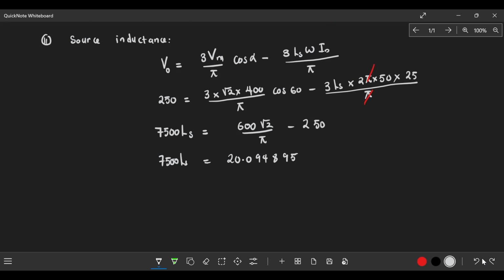If you divide that answer by 7,500, this is about 0.002679 Henry, or I can just say about 2.679 millihenry. So that is our source inductance.